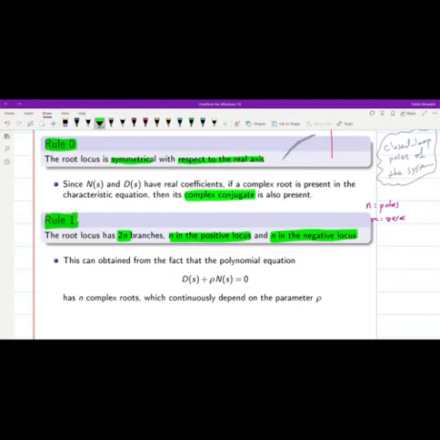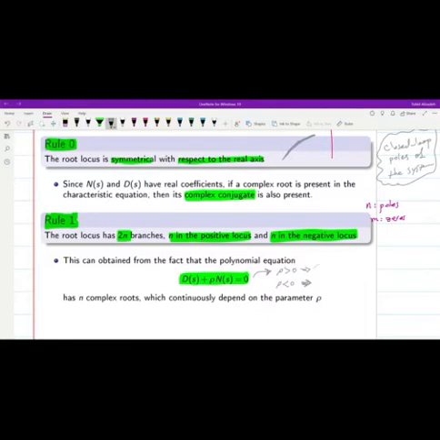It's also quite straightforward to understand why this is the case. We know that the characteristic equation that we have for our system is in the form of d of s plus rho times n of s equal to 0. When we have a positive number for rho, or when we have a negative number for rho, we can say that we will have 2 polynomials of order n, and each one of them will have n roots.